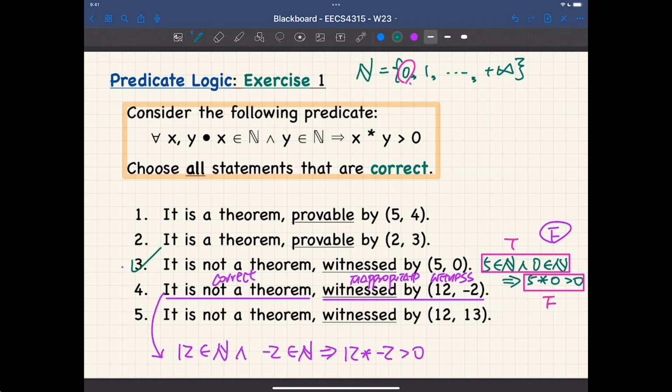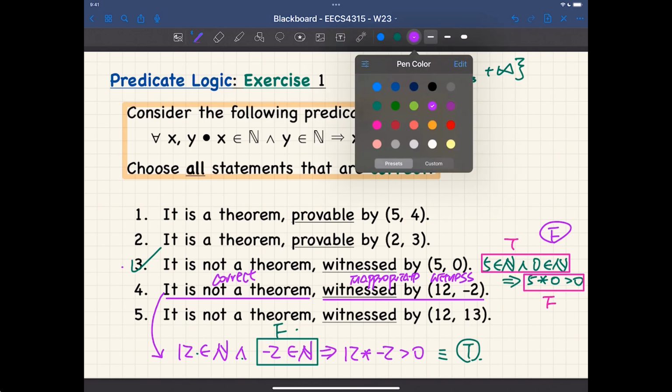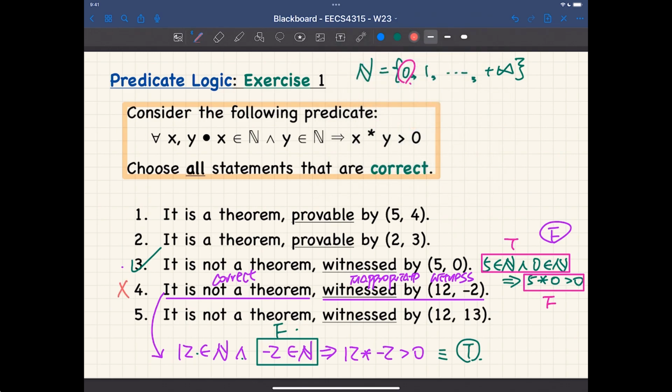You can see this part over here is definitely false according to our definition. False and anything will just give you false. And false implies anything will just give you true. So it's not really showing that it's false. So this will be just true. All right? So this is not good.